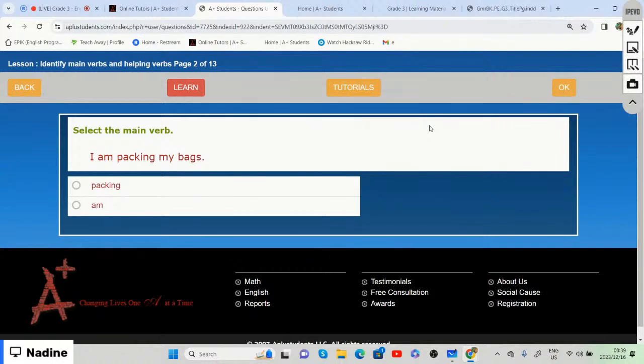So the main verb, what is the main verb? It says I am packing my bags. Is it packing or am? We need to select the main verb.